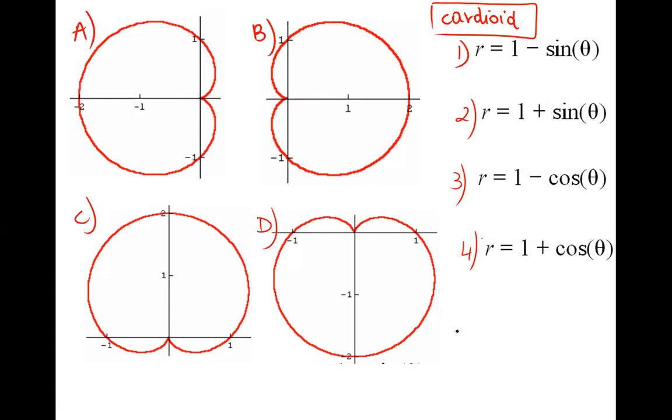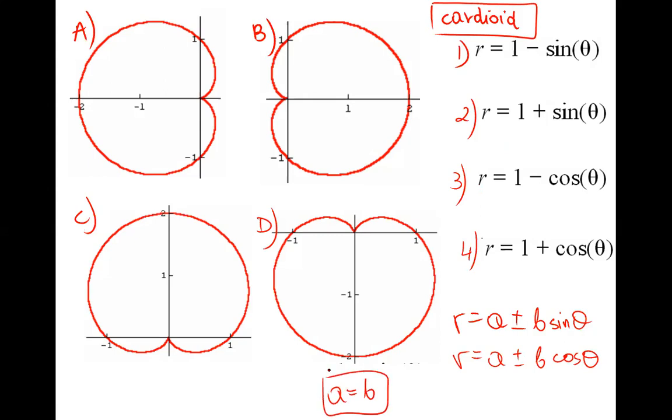If you see an equation A plus or minus B sine theta, or A plus or minus B cosine theta, and the coefficients A and B are identical, it is always a cardioid, always.